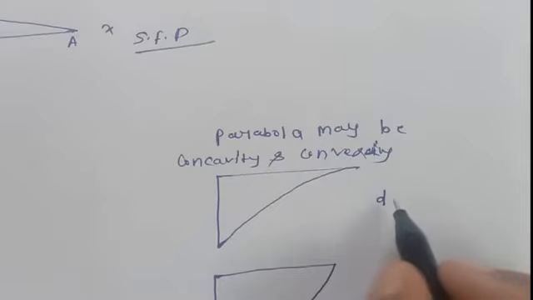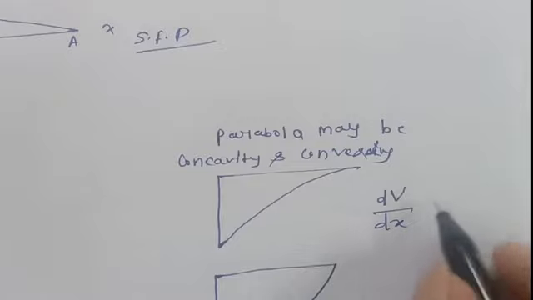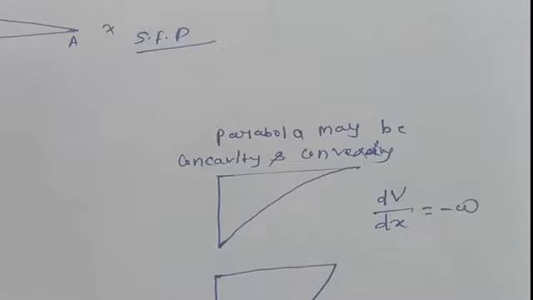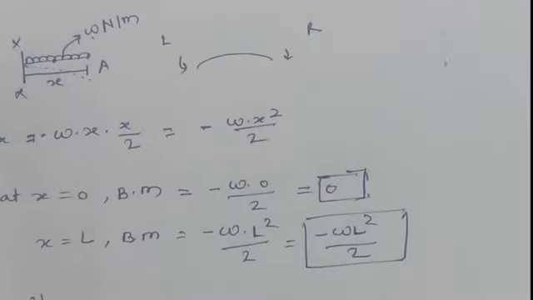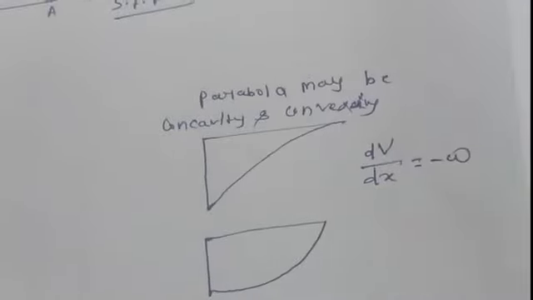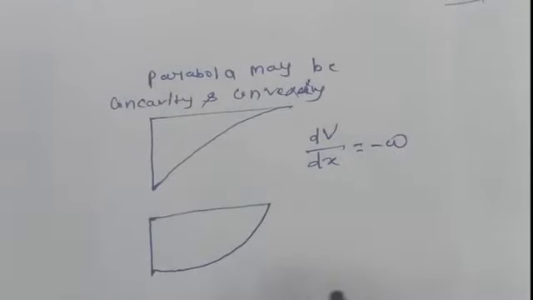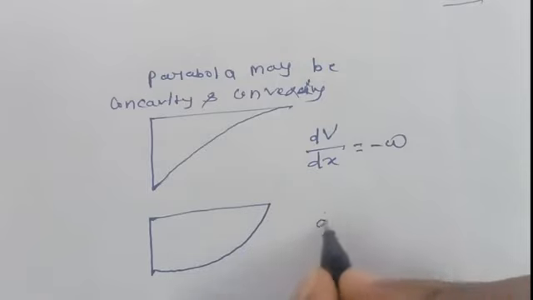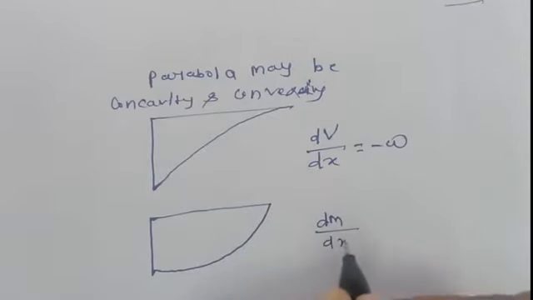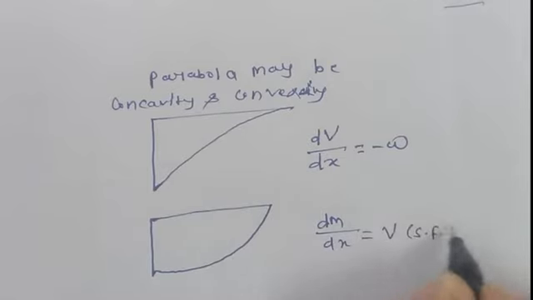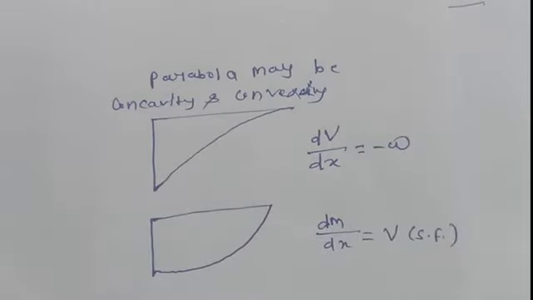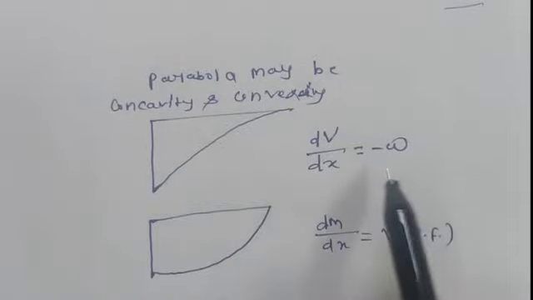The rate of change of shear force with respect to x is the intensity of load. And the bending moment and shear force relationship is dM by dx equal to V, the shear force.